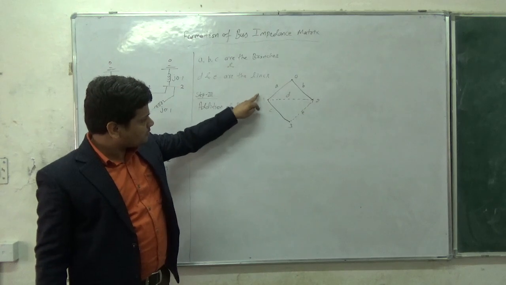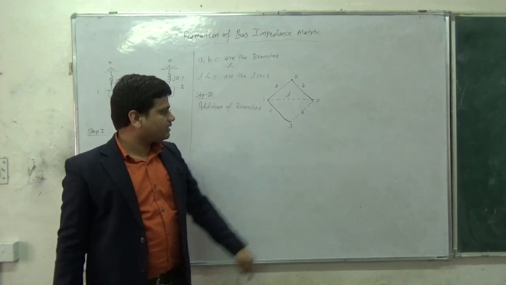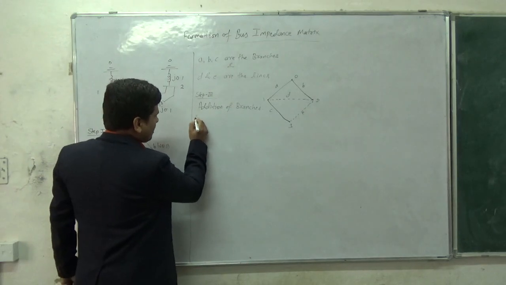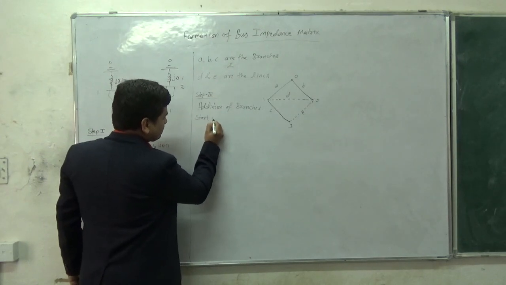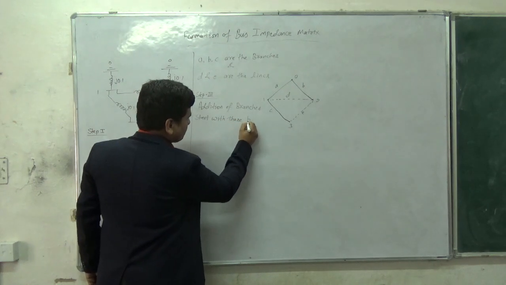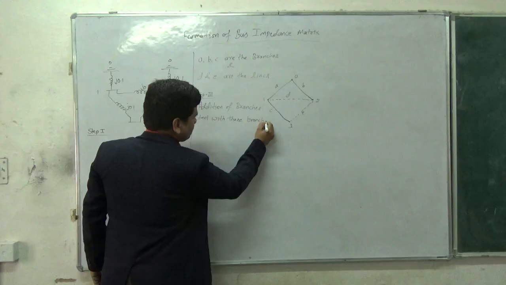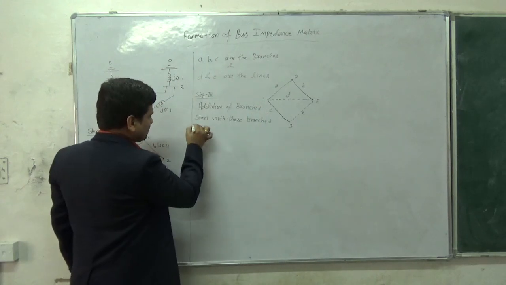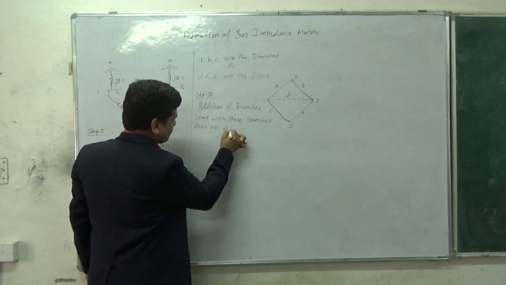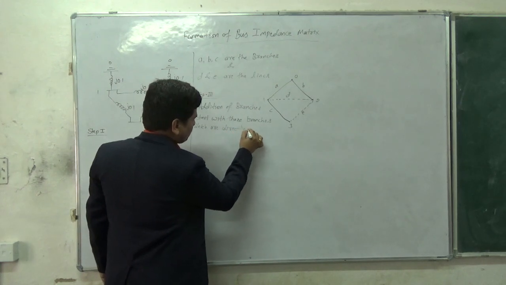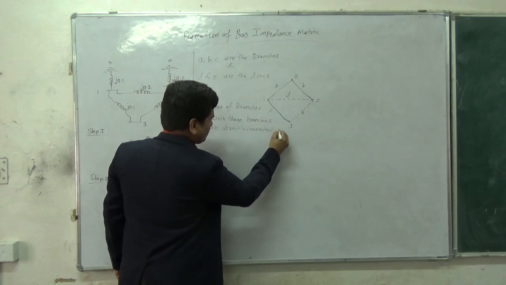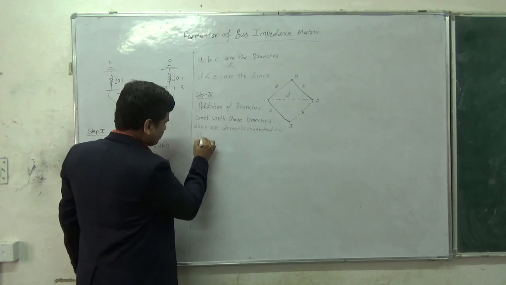It is connected between bus 1 and bus 3, and D and E are the links. So addition of branches. Now let me write one more statement here: start with those branches which are directly connected to the reference node.